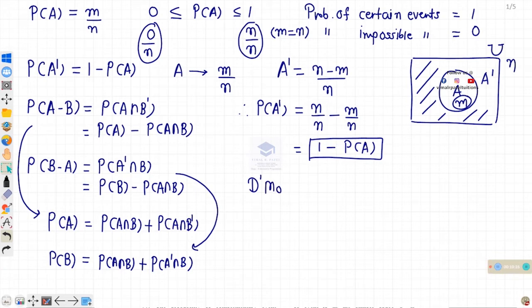In set theory, De Morgan's law came, which you must have studied for union and intersection. So the same can be applied to probability also.